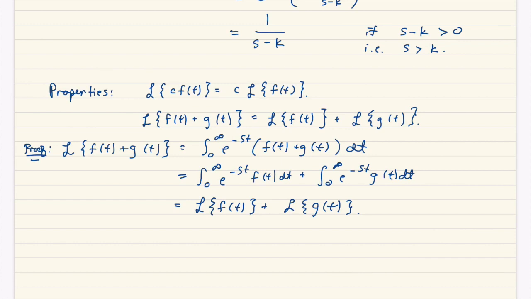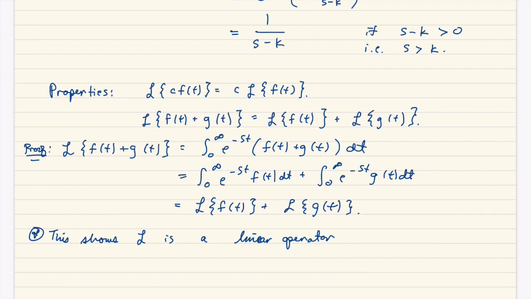This shows you, by the way, for those that have taken linear algebra or are taking it right now with me, that the Laplace transform L is a linear operator. If you've not taken linear algebra, you can ignore this fact. In fact, even if you are taking linear algebra, you can still ignore this fact. But this is just how I remember all the properties of the Laplace transform.